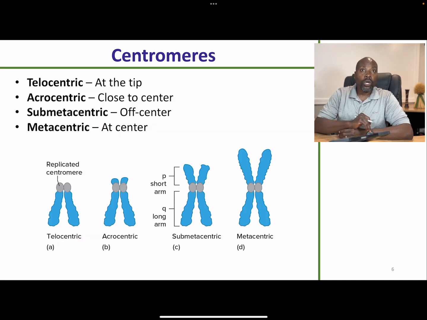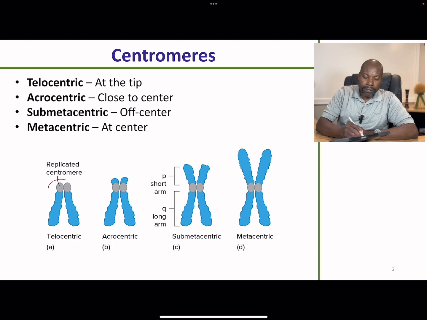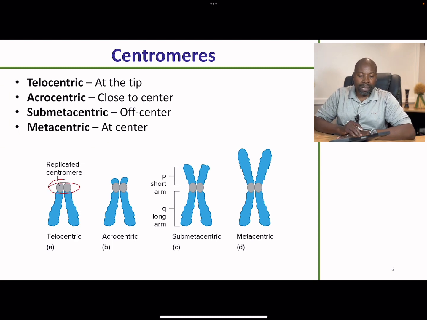The centromeres occur in different places of the chromosomes depending on the chromosomes. There are some centromeres that are found at the very end of the two sister chromatids. This type of centromere is telocentric, right?